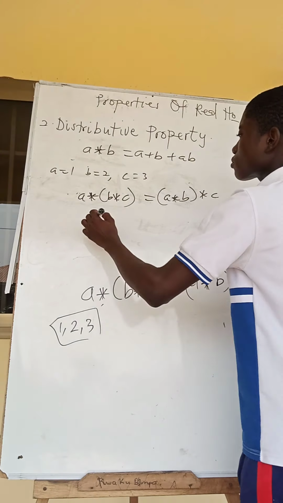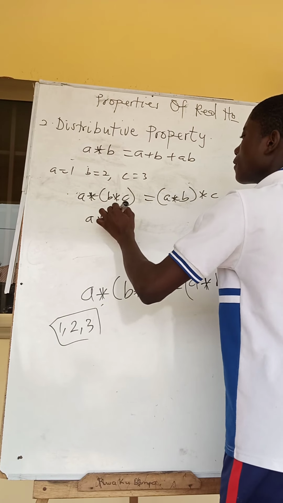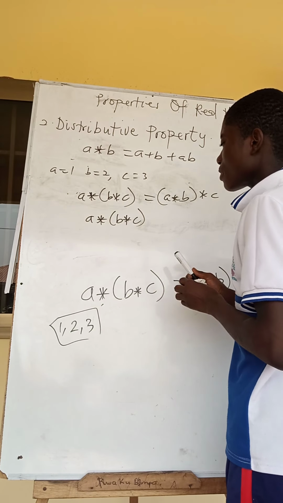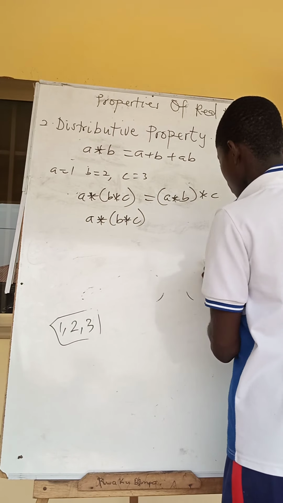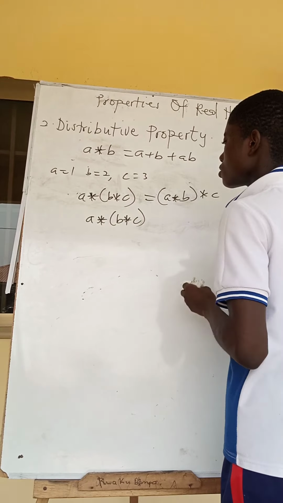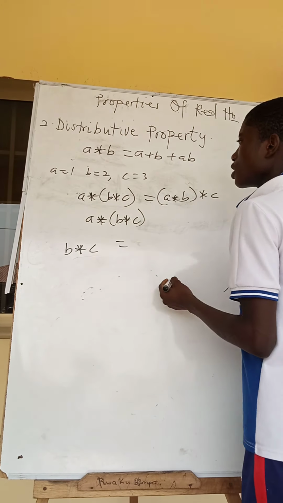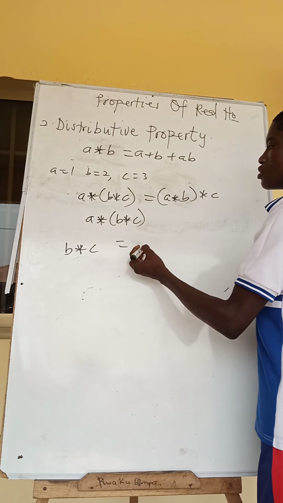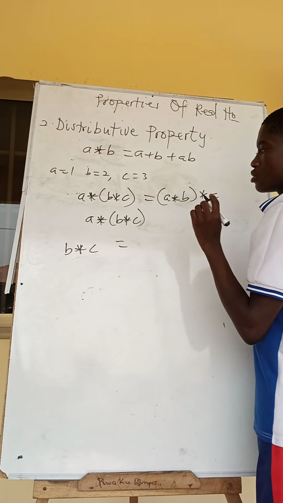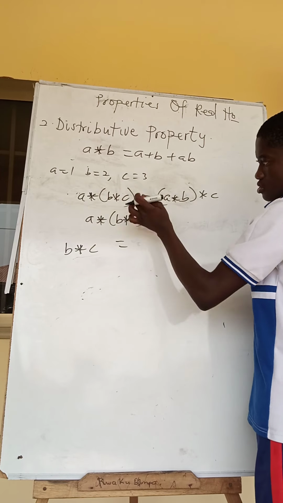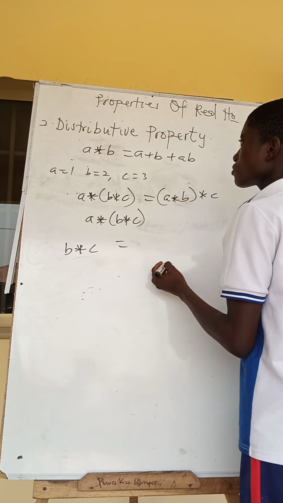So let's try the first one. A star, B star C. So as I always tell you, the one in the bracket must be treated first. So let's try B star C. B star what? C. Which one is our B? Don't forget what I'm doing. A is 1, C is 3, so our B is what?